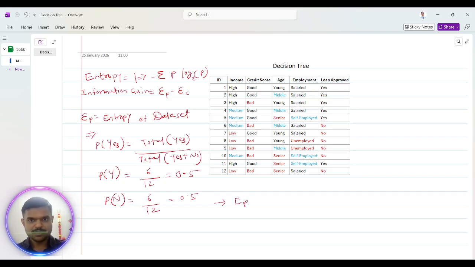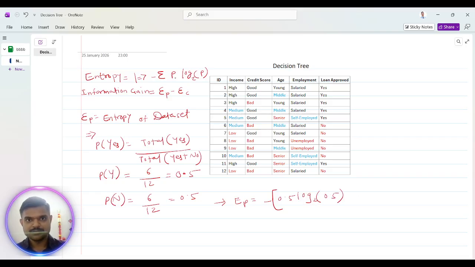Now it comes to the entropy of the entire data set, which is minus of the probability of all. I will explain. Entropy of the entire data set means entropy of yes plus entropy of no. So minus, entropy of yes is 0.5 into log 2 of 0.5.